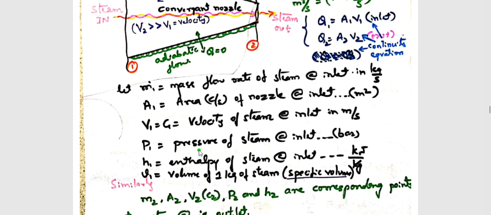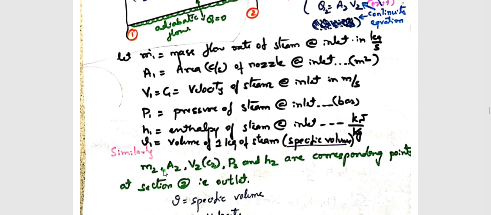Similarly, P1 is the pressure of steam at inlet. H1 is the enthalpy of steam at inlet. The unit of enthalpy, we already know, is kilojoule per kg. As I told you, the small v I have taken represents the specific volume of steam at inlet, or the volume of 1 kg of steam. Similarly, these properties I have taken at outlet.